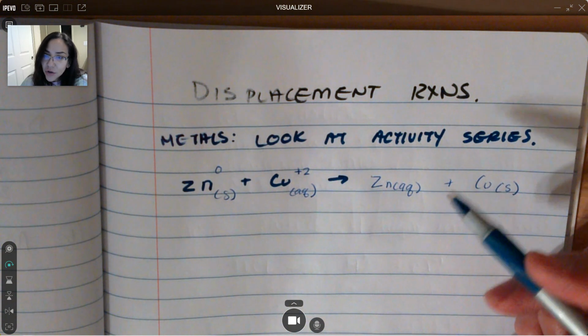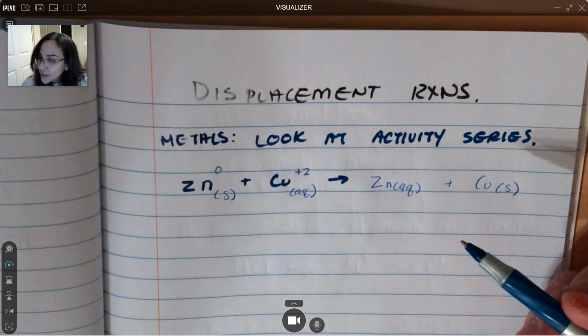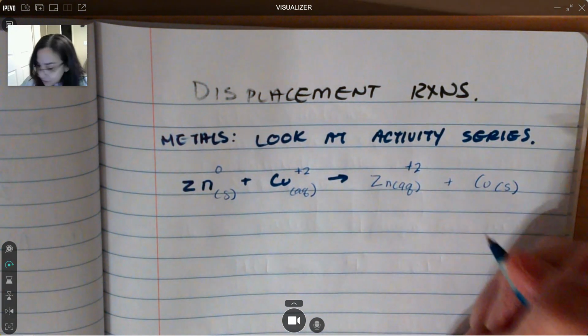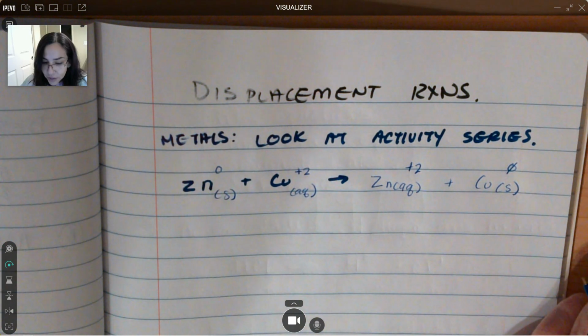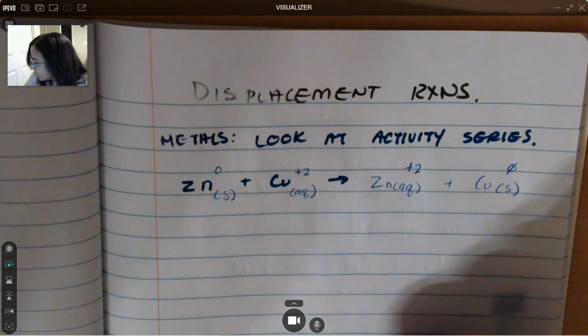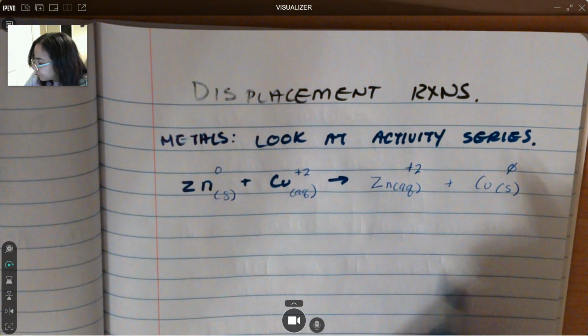When you start writing in your water and everything in there, it gets more confusing, so you don't want to confuse it. So we're going to have a +2 charge with that one and a 0 charge with this one right there, okay? If we want to balance them, 1, 1, 1, 1, okay?